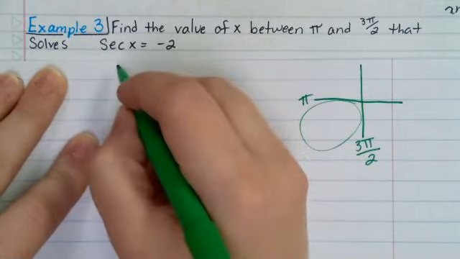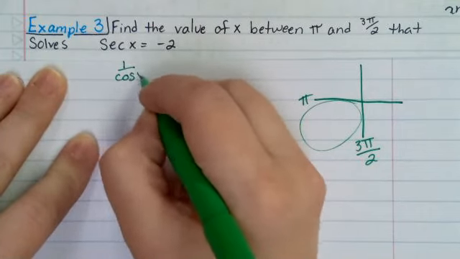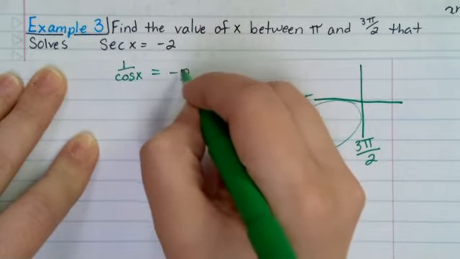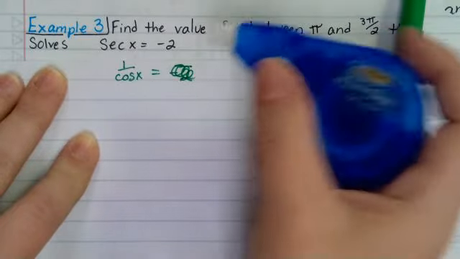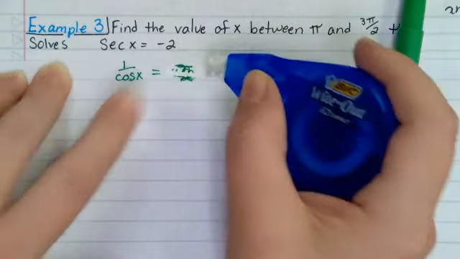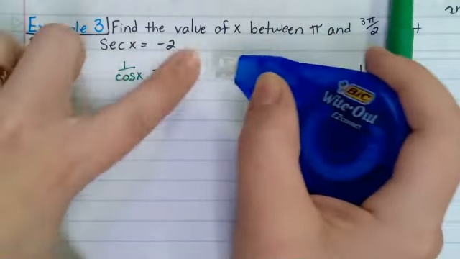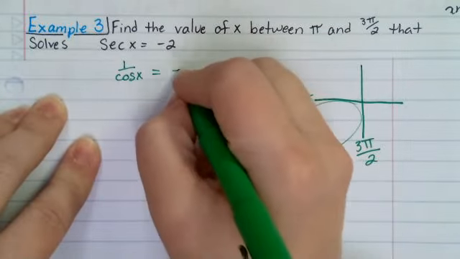Okay. What I do need you to remember is that secant is the same thing as 1 over cosine. So if I'm looking at secant of x equals -2, you can also compare that to 1 over cosine.